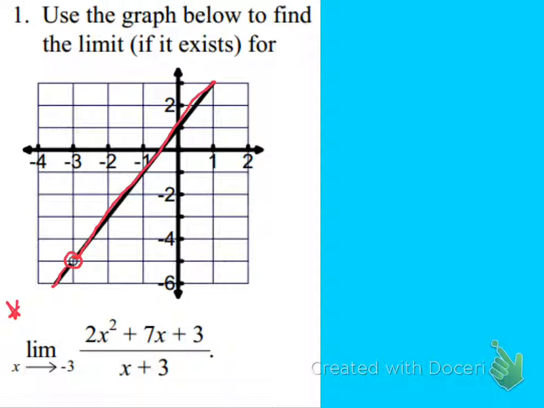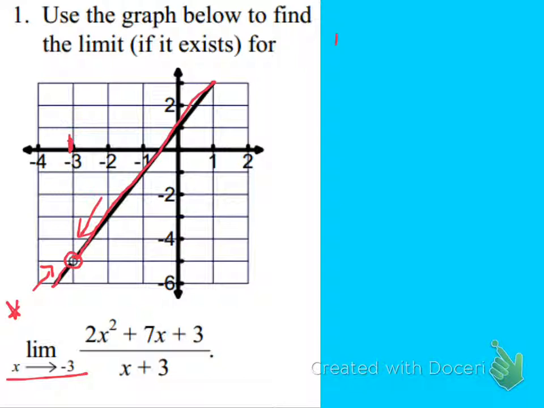Well, I can tell coming from the left and coming from the right, there's a pattern that is going on here. Even though I have a hole in my graph at this value, x equals -3, there is an expected value. There's a hole there, but there is an expected value. It is an expected height of my graph, and that's what a limit is.